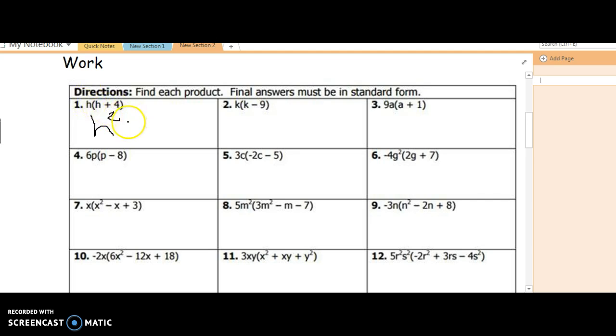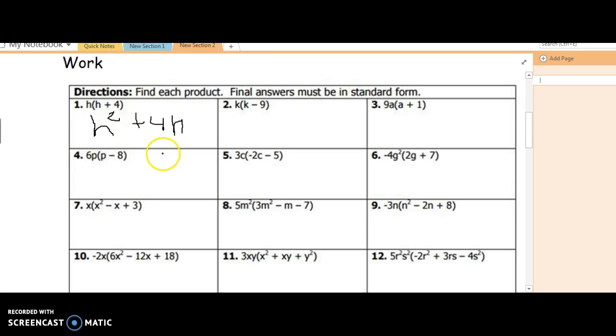And h times 4 is going to give us 4h. So our final answer is h squared plus 4h. And this is in standard form because our highest exponent, or term with the highest exponent, h squared, is first.